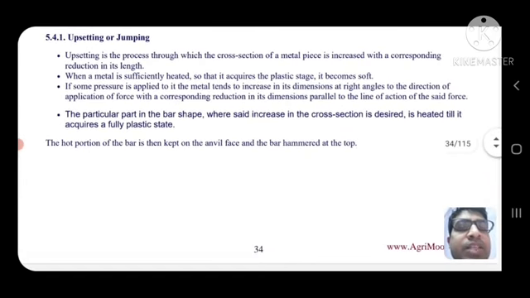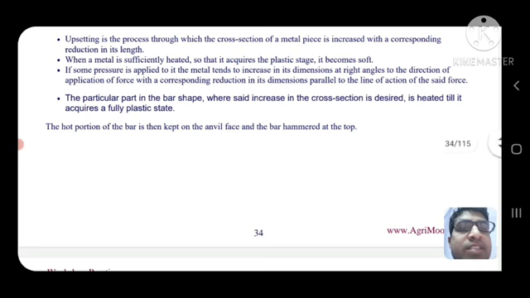Upsetting or jumping. Upsetting is the process through which the cross section of a metal piece is increased with a corresponding reduction in its length. When a metal is sufficiently heated so that it acquires the plastic stage, it becomes soft.